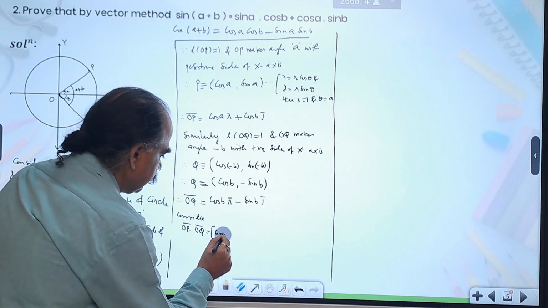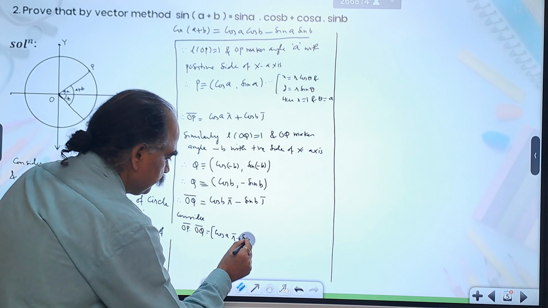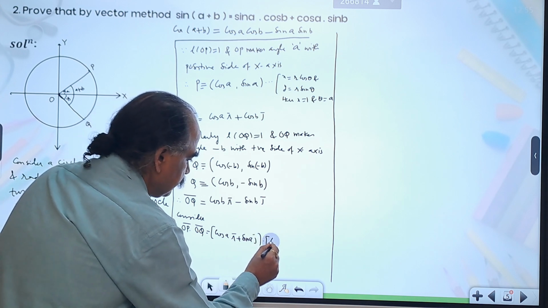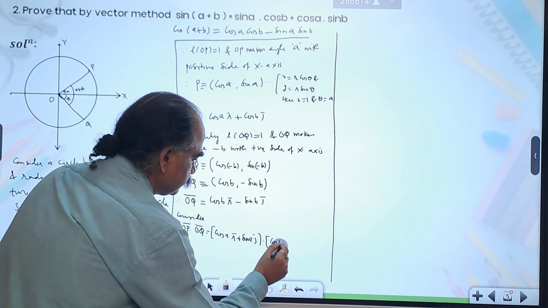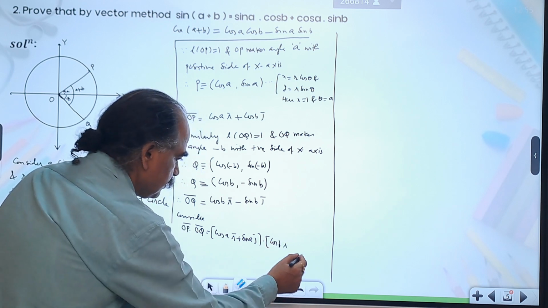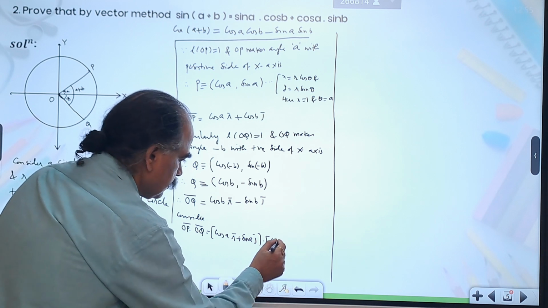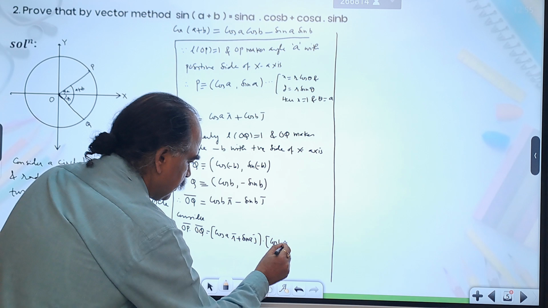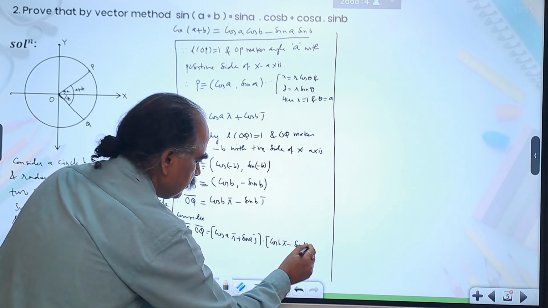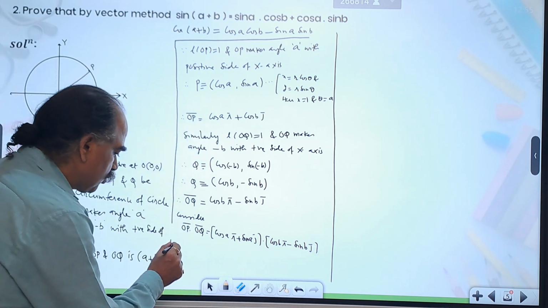Cos A I bar plus sine A J bar dot cos B I bar minus sine B J bar. OP bar dot OQ bar is what?